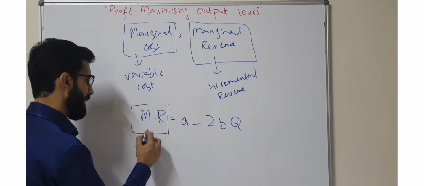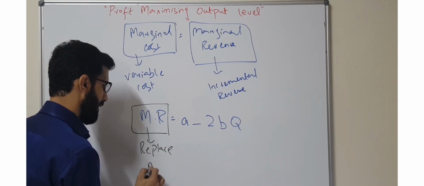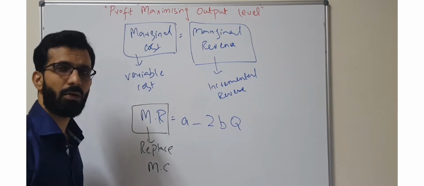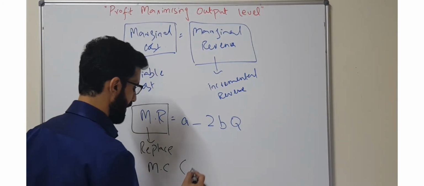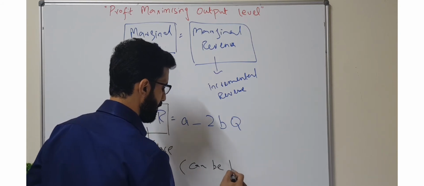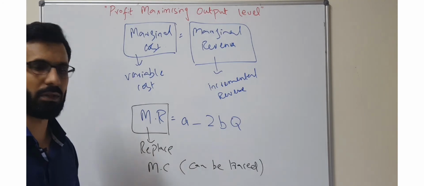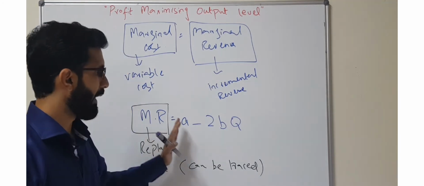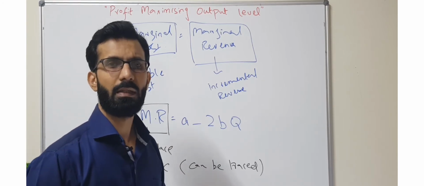So in the equation, we can replace the marginal revenue with marginal cost, something that can be traced. We already know how much our variable cost is, and we can use that as marginal revenue as well. A and B we have already determined earlier when we were doing the demand function.